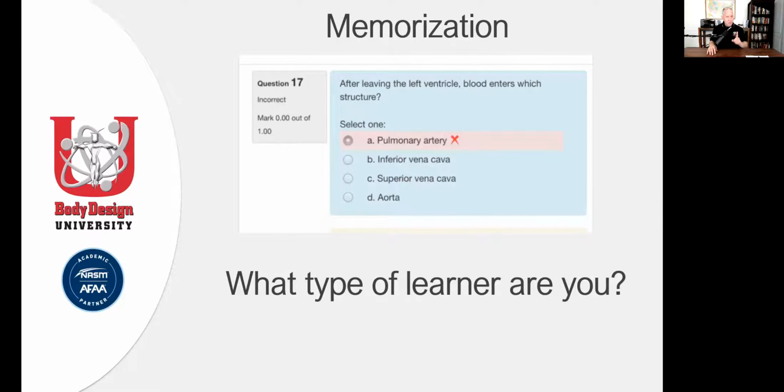I said memorizing material. All your learning, all of this stuff that we talk about with the NASM materials, always begins with memorization. You've got to memorize data, information, visual aspects of material that now you can utilize in whatever way you need to.